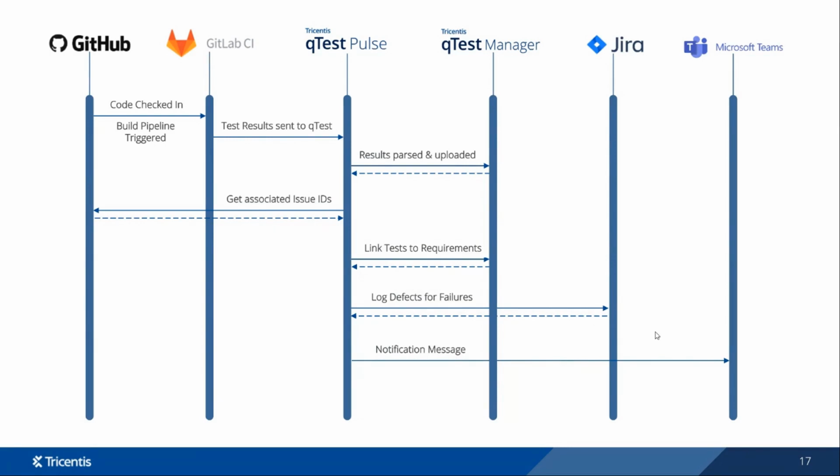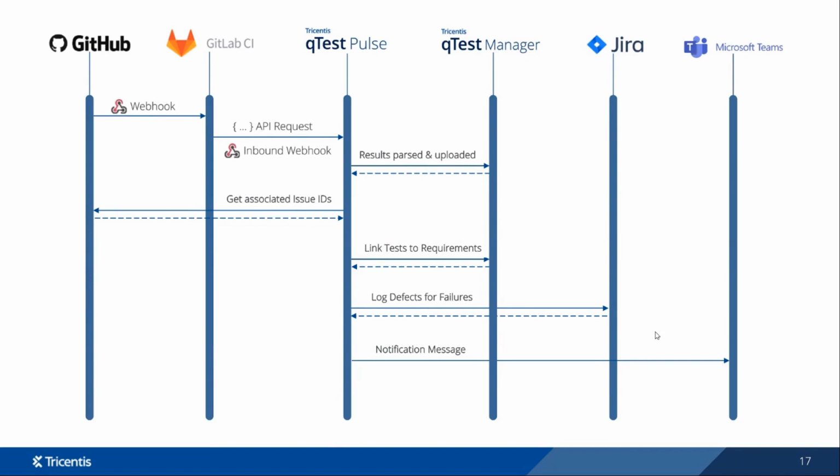So at any stage in this end-to-end flow, if these processes are manual, they could easily be automated with common services in these cloud-based applications. So for example, webhooks could be used to trigger a pipeline based on a code commit.